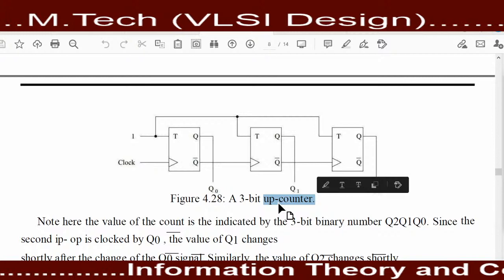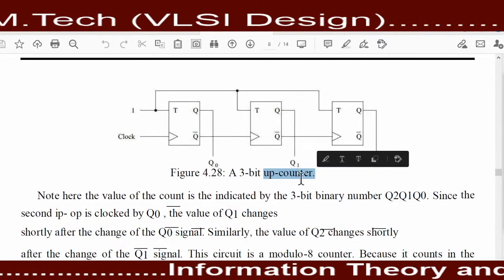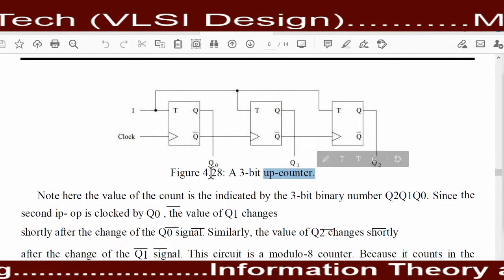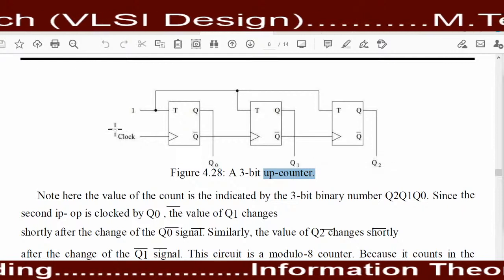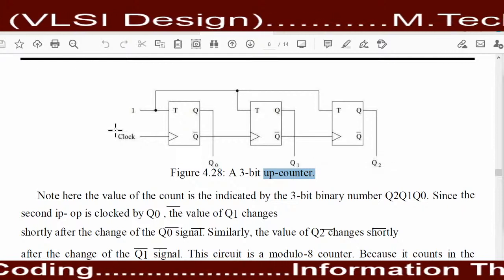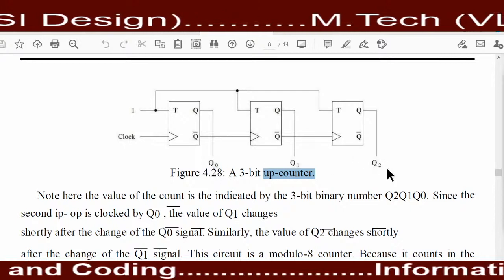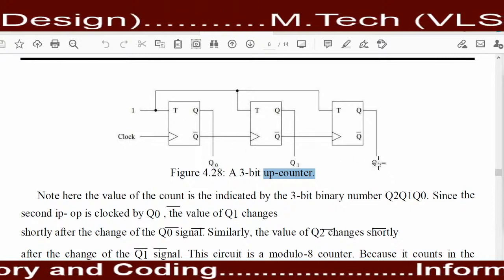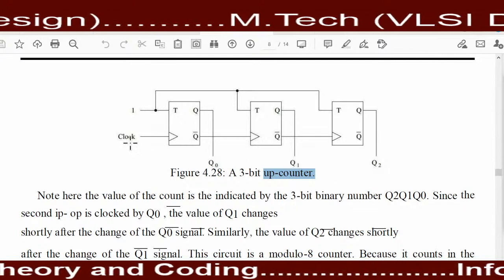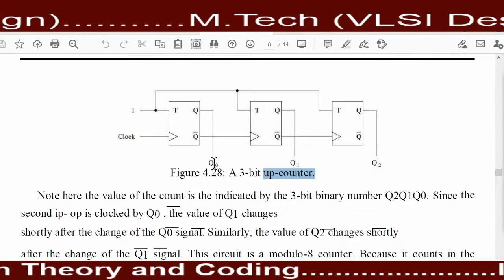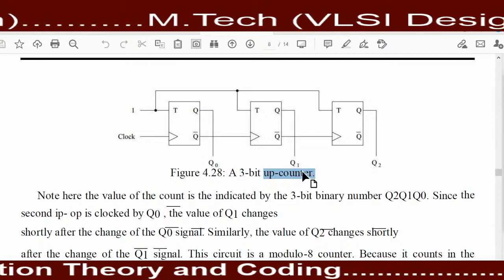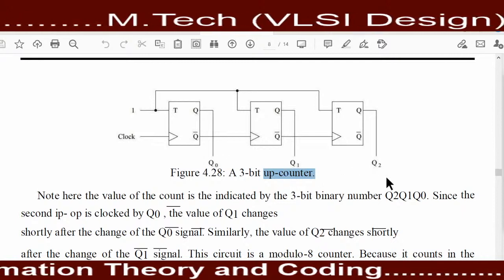The answer is that when we provide the clock pulse the very first time, the output of these flip-flops is 0 0 0. But when we provide a clock pulse, this 0 0 0 will change and it will be 0 0 1.